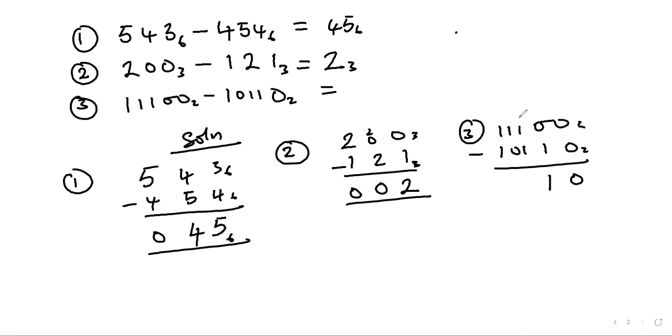Here it remains 0. So you borrow 1 from here, it becomes 2. 2 minus 1 is 1. What is left here is 0. 0 minus 0 is 0. 1 minus 1 is 0. So this one is 110 base 2. So that is how to do subtraction in number bases.